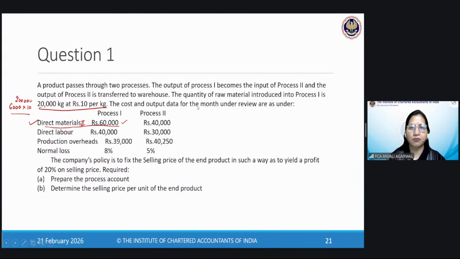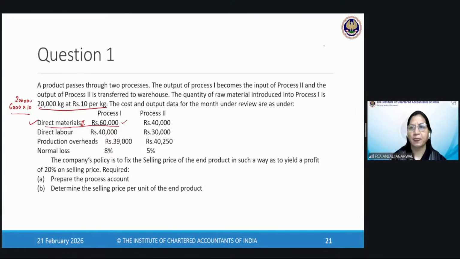The cost and output data for the month under review are as follows. Material, labor, production overheads, 39,000, and there is a normal loss of 8% in process 1. Similarly, process 2, 40,250, and there is a loss of 5%. The company's policy is to fix the selling price of the end product in such a way that you get a profit of 20% on sales.